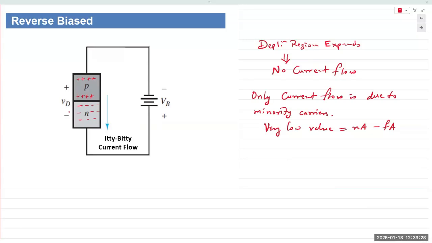Majority and minority is simply the absolute number of electrons or holes that are present in a material. So in a P-type semiconductor, there is an excess of holes, majority carriers are holes, minority carriers are electrons. In an N-type material, it's the exact opposite. We have an excess of electrons, hence electrons are the majority carriers, and holes are the minority carriers.